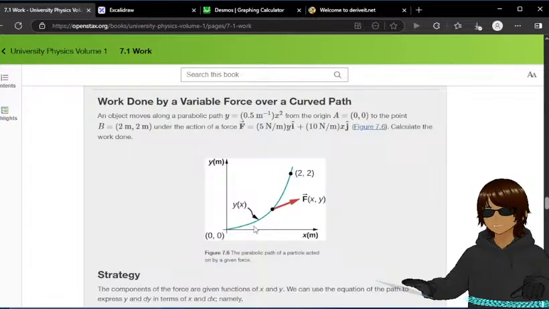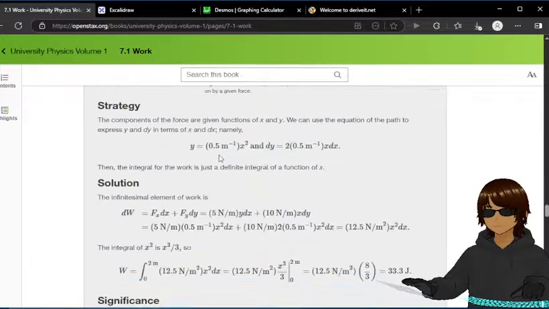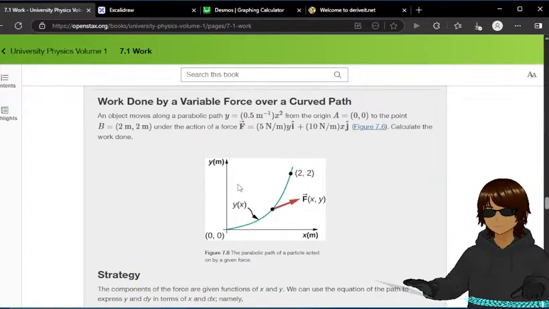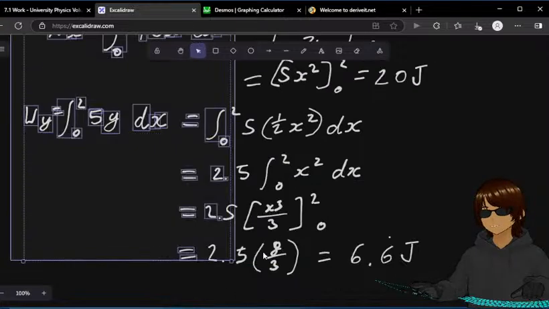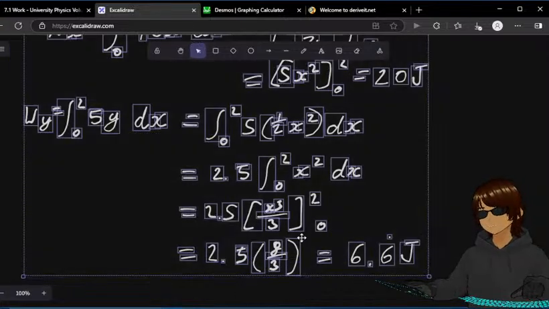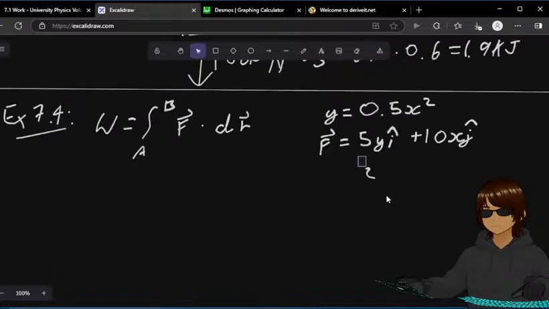This i over here is in the x direction. It should be 5y in the x direction and then 10x in this direction. Yeah, I got confused. But let me try doing all this again.